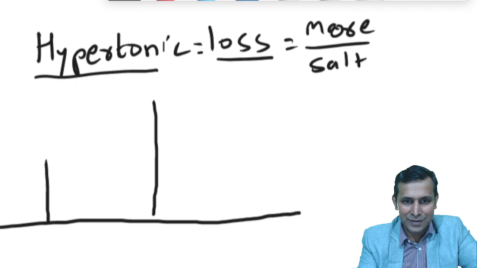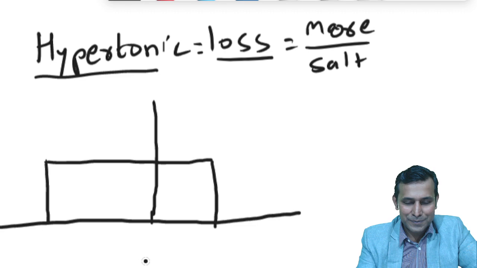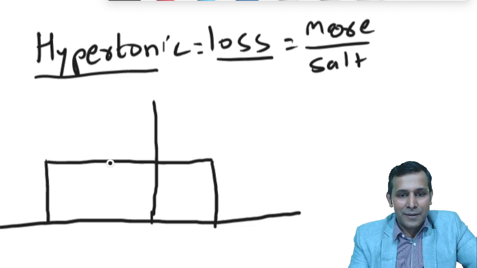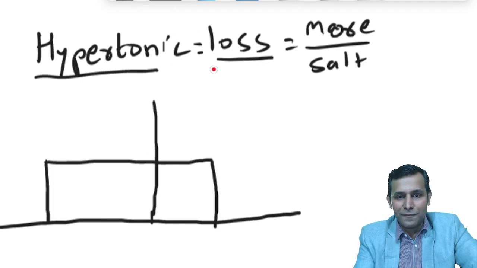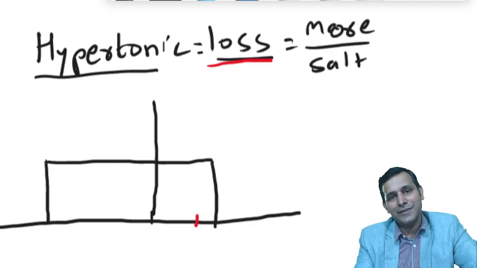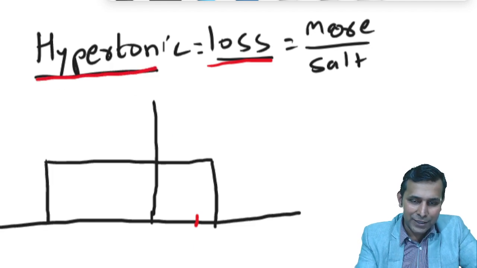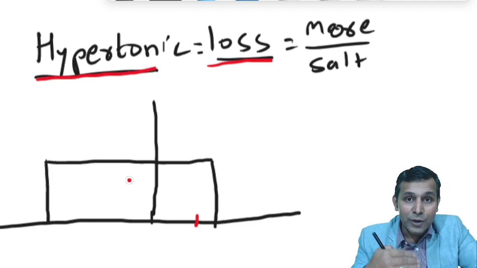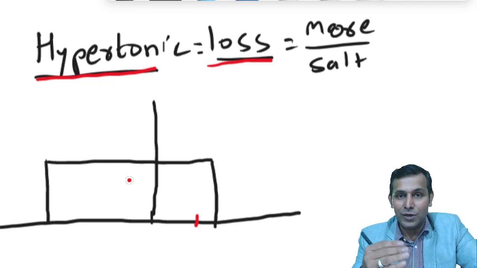So this is the plot here. All right, now let us see the loss part first. Because there is a loss of fluid, the ECF volume will decrease. Now what is he losing? He is losing a hypotonic fluid, which means more salt is lost and water remains.